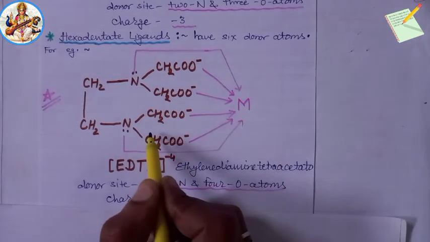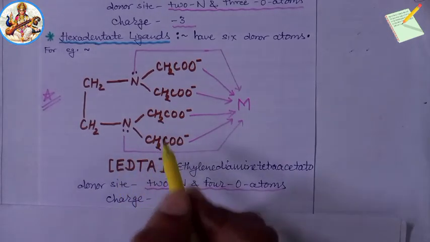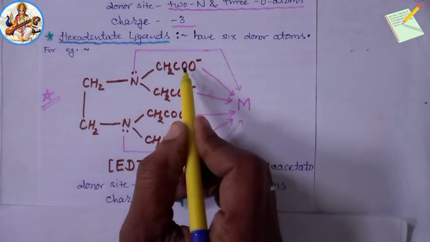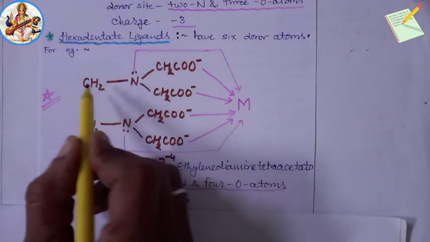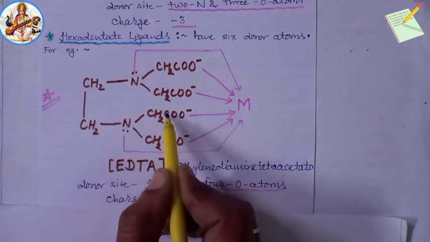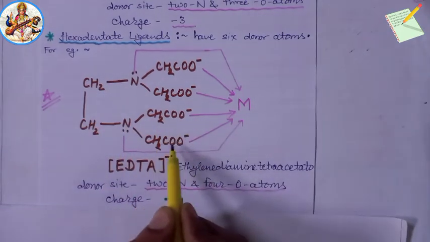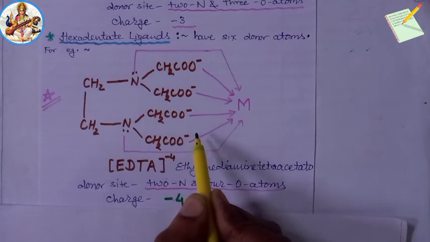So the molecular formula of EDTA 4- is CH2COO minus, and CH2 CH2, and CH2COO minus.